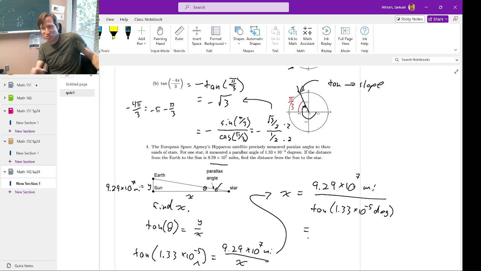Okay, so when we punch this into our calculator, we have to make sure that our calculator is in degree mode. Right now mine is in radian mode, so let me switch to degree mode. Okay, now I'm in degree mode, so 9.29 times, calculator problem, start over. 9.29 times 10 to the 7th divided by tangent of 1.33 times 10 to the negative 5th.